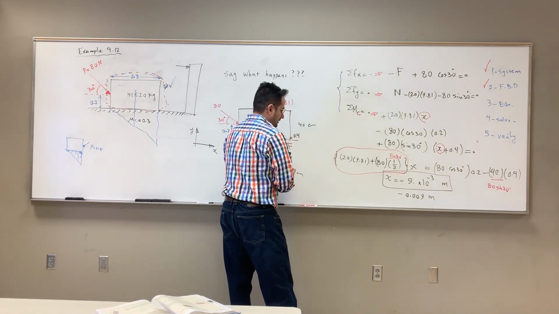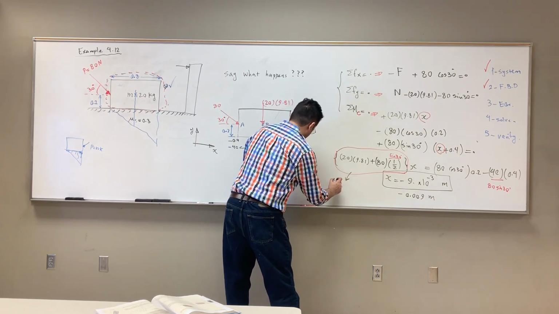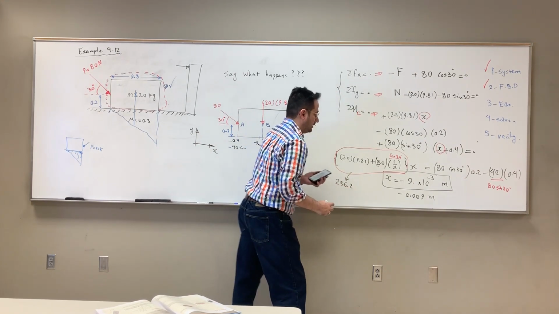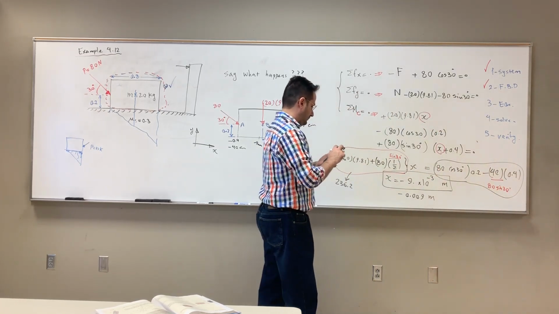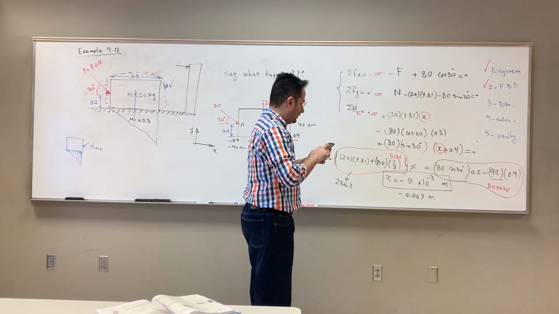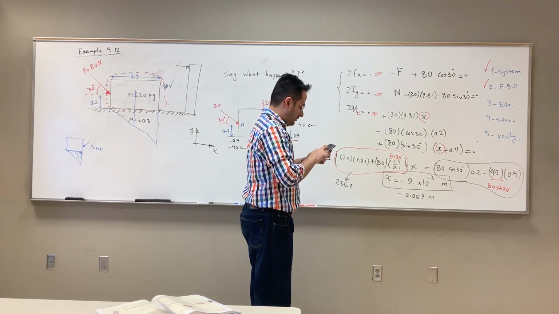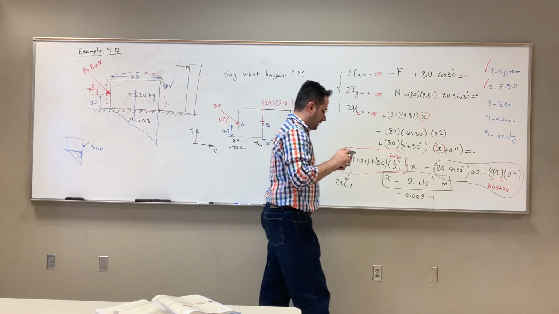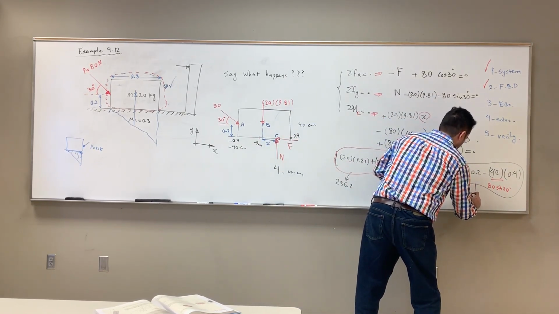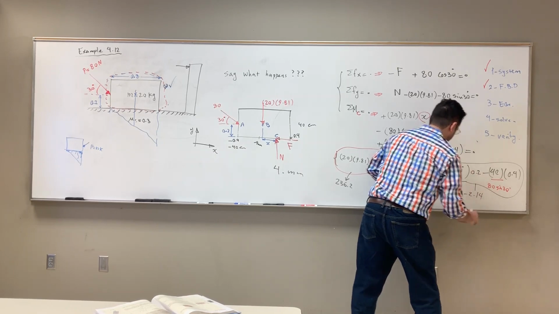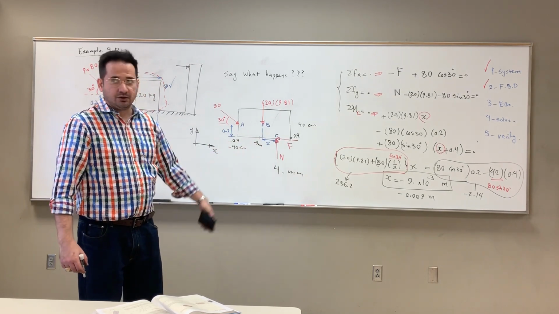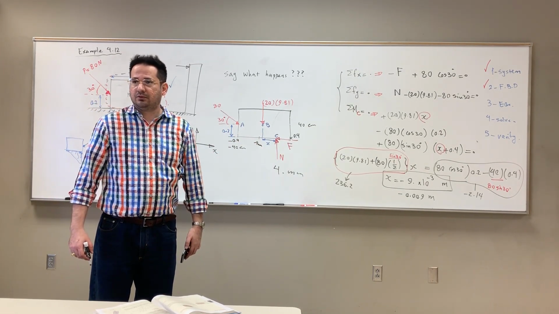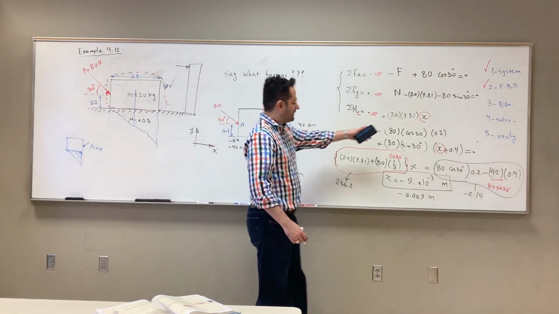So this value is 236.2, and this value, with sine 30 and 0.2, is negative 2.14. So x is equal to negative 2.14 divided by 236.2. It's just rearrangement. I just rearranged this equation.